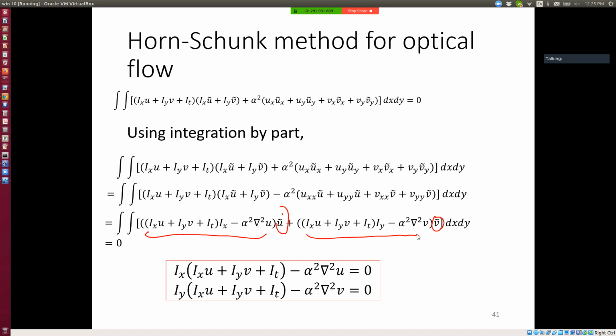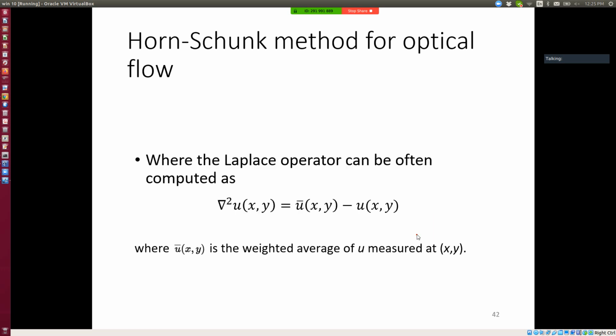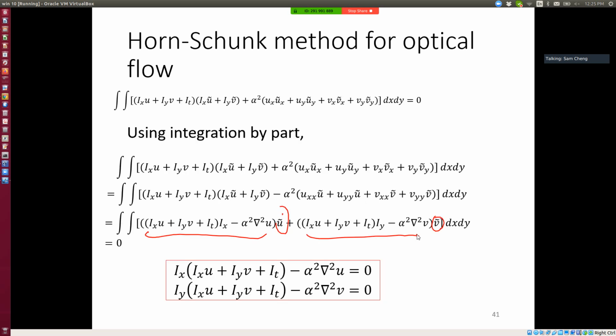Then let's see. We have these two equations here, and in practical implementation, I want to find this u and v here, right?